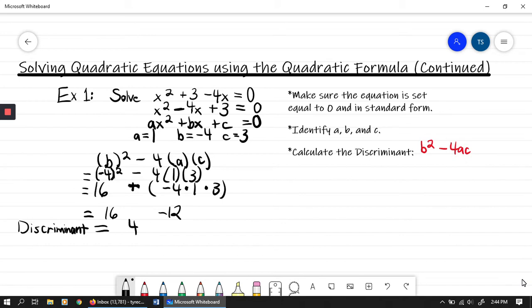All right, so after you calculate your discriminant, what we need to do next is calculate what negative b is, and also calculate what 2a is.